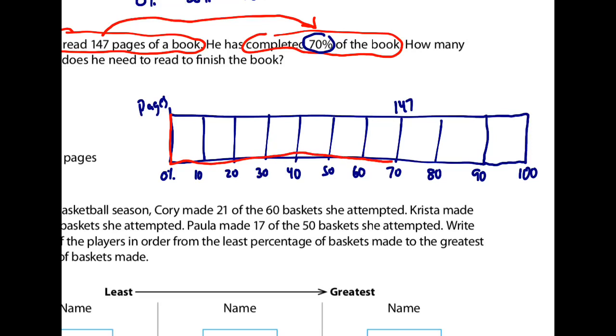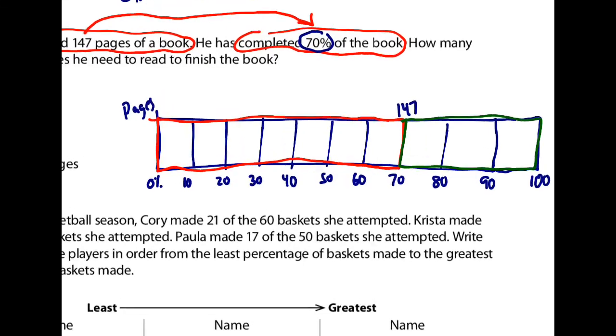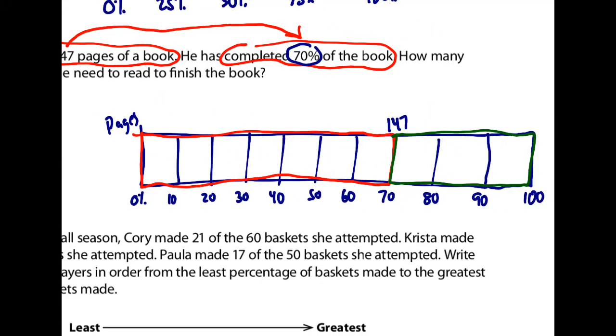Everything in this red box he read. And that's 147 pages. So what we need to answer is what he still has to read. And that's going to be everything in this green box he has left to read.